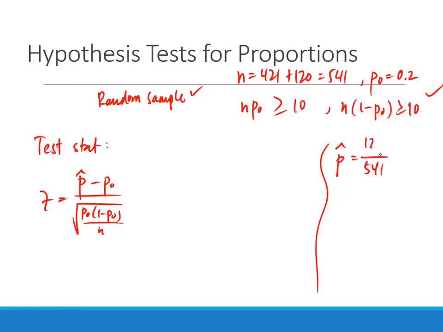I want to know the sample proportion of people in my sample who have body mass index over 30. So my p hat is 0.222. p0 again is 0.2 and n is 541. So if we plug all that stuff in there, you will get 1.28.